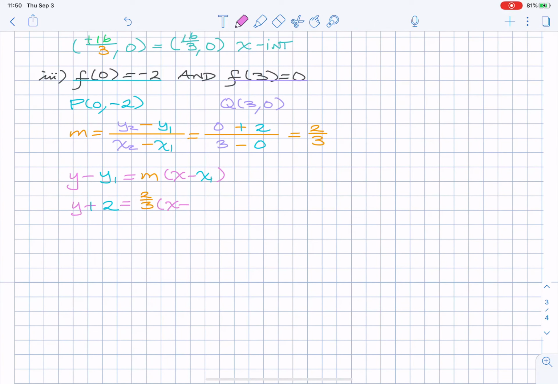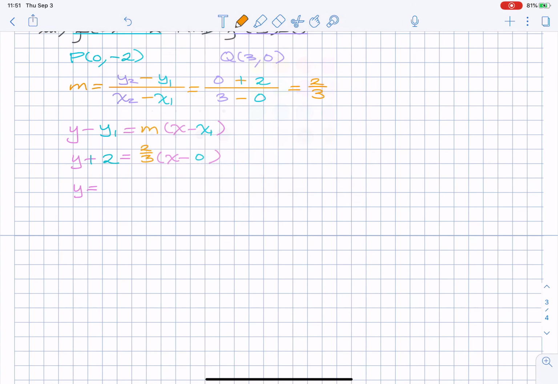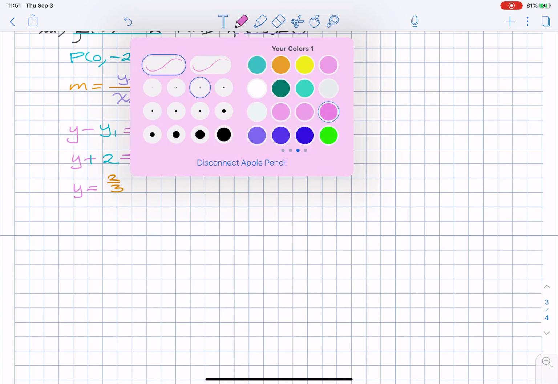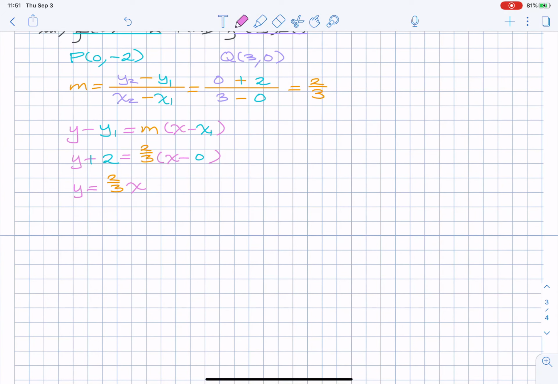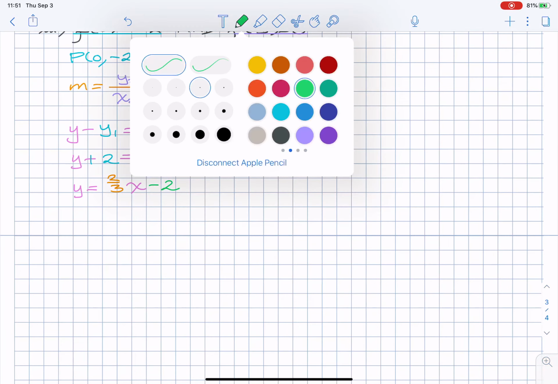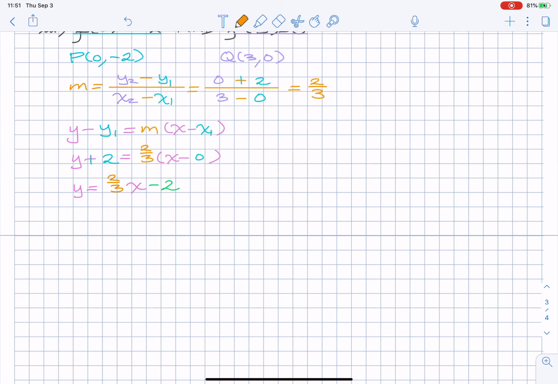So subtracting 2, we have that y is equal to 2/3 x, then minus 2. So I know my y-intercept, so my slope. Let's go ahead and put a box around this.